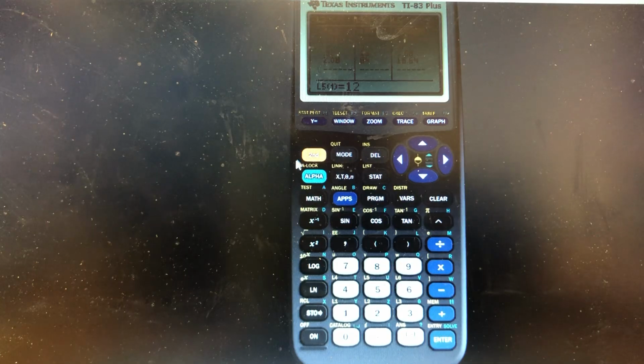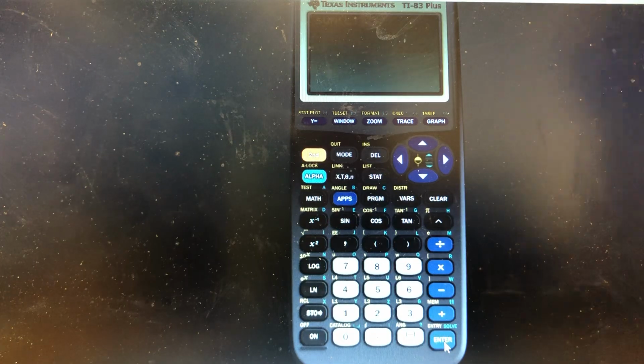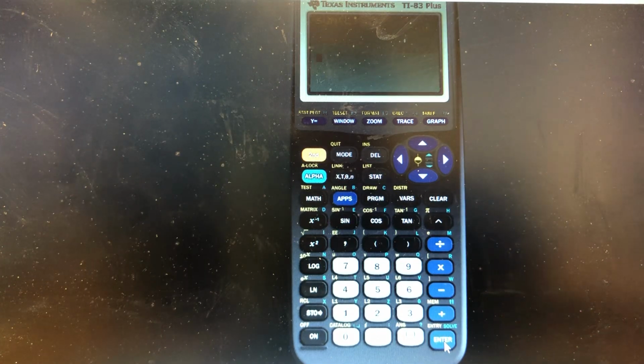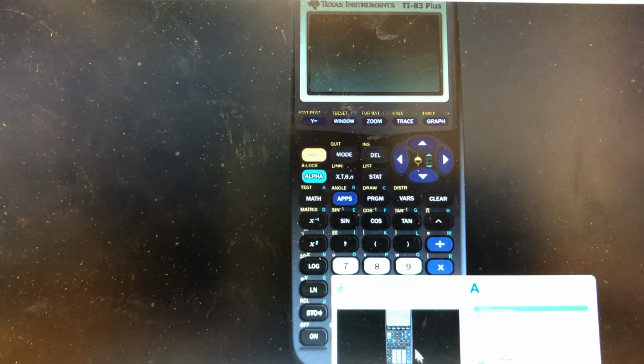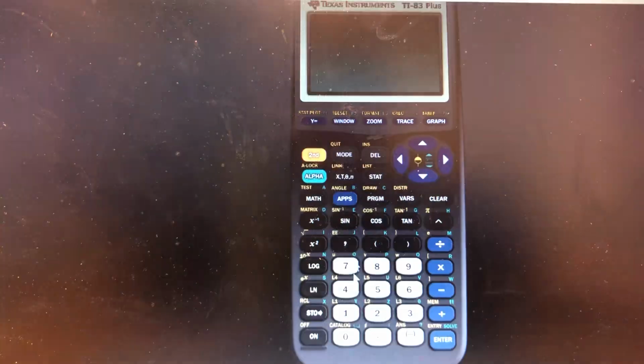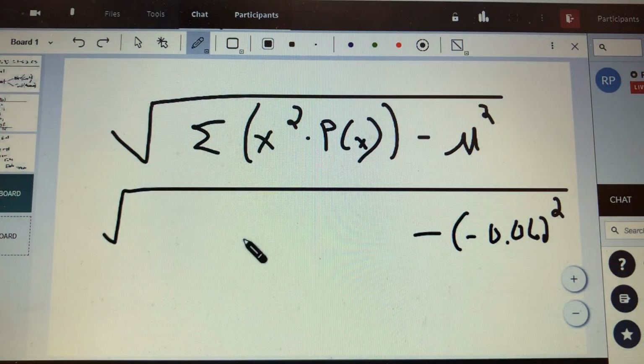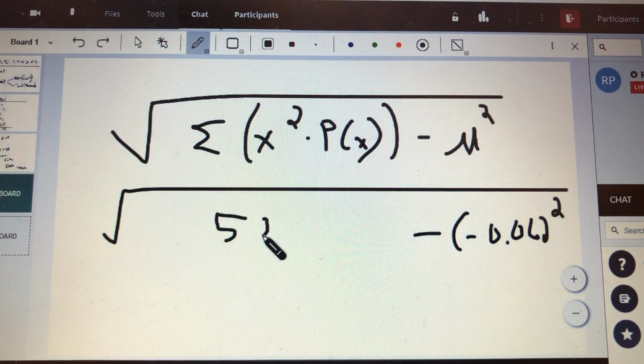So second mode to quit the screen, second stat, math, if I do the sum of L5, 52.36. That's this right here, 52.36.